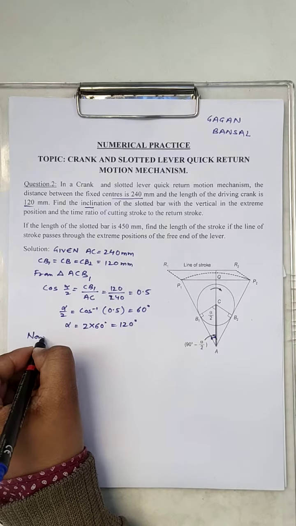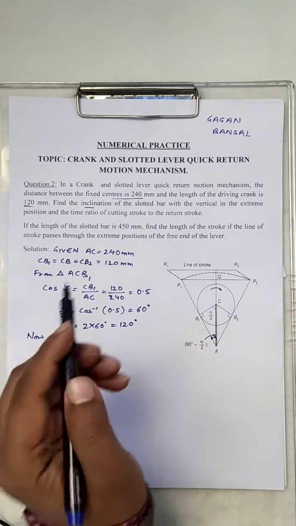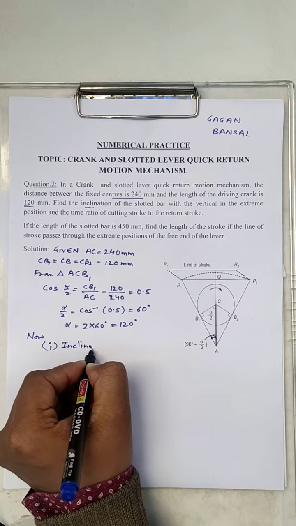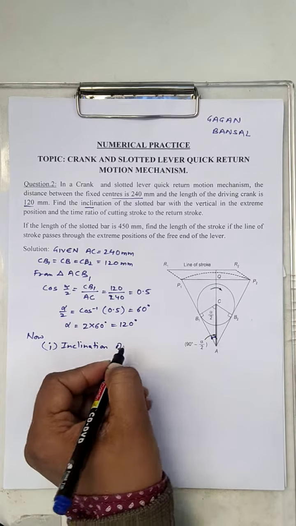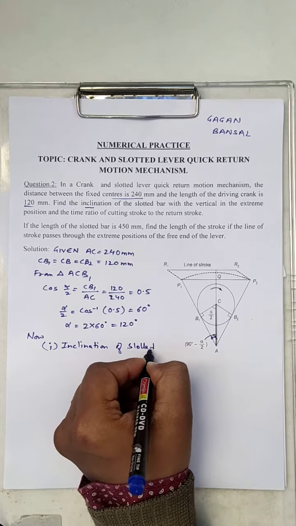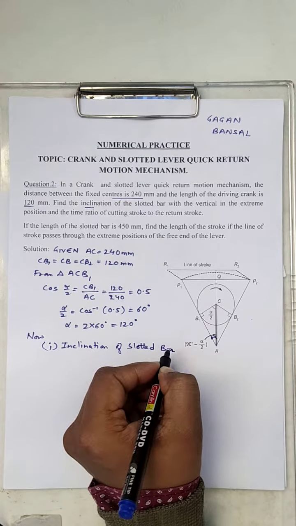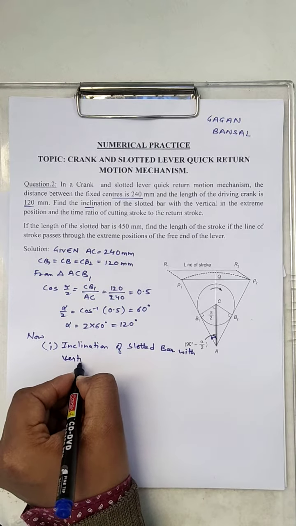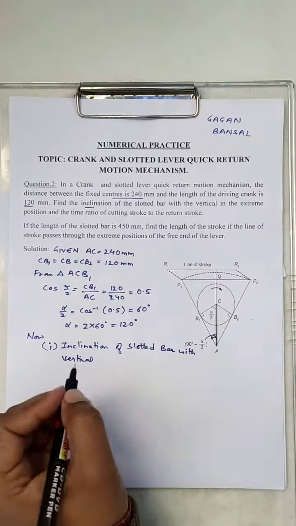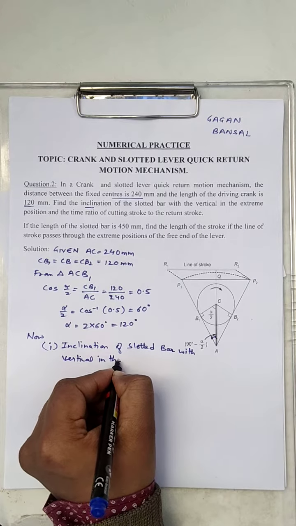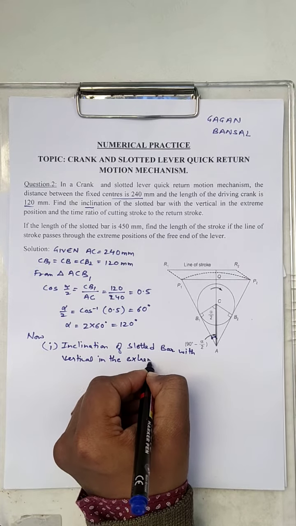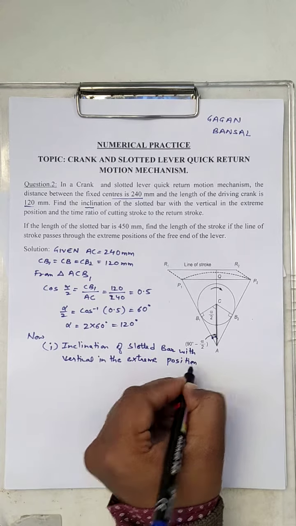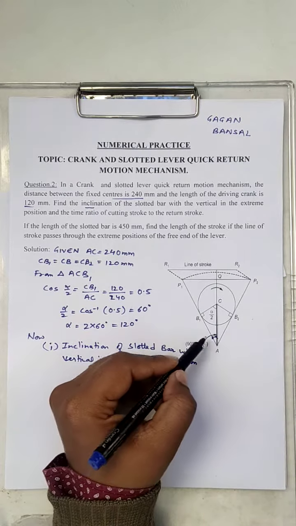Now for the first part, that is the inclination of the slotted bar with vertical, this is in the extreme position, that is this is slotted bar AP1.